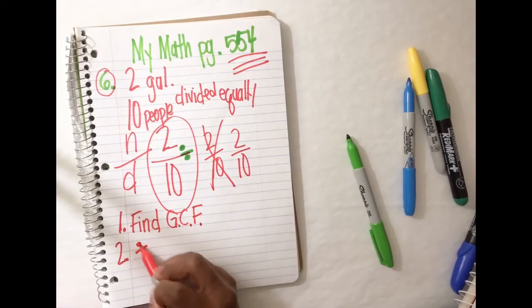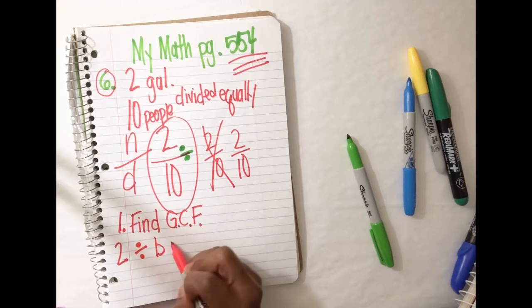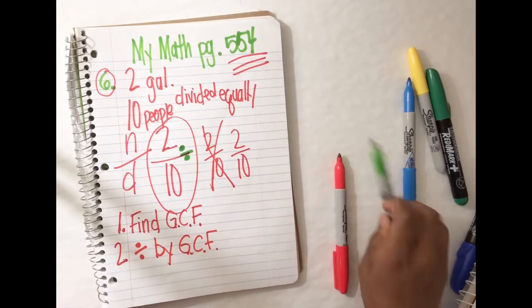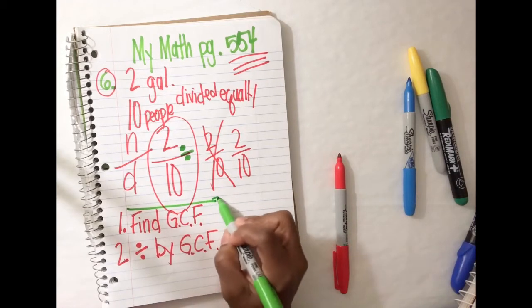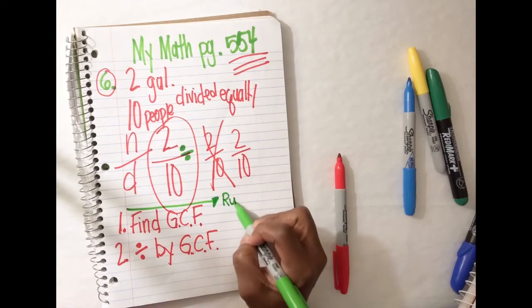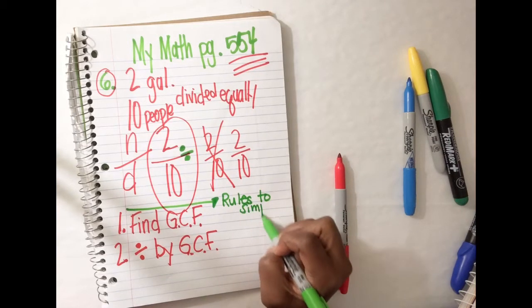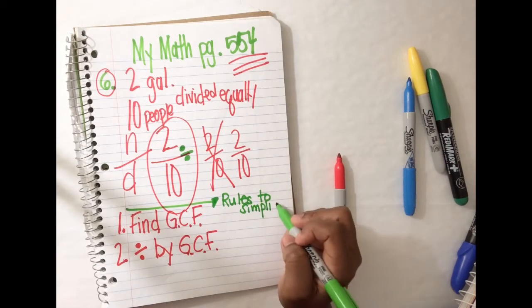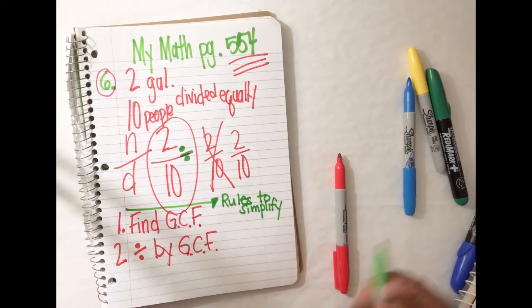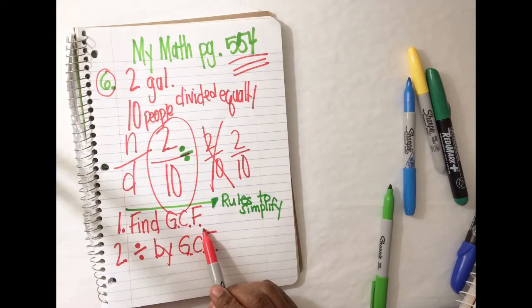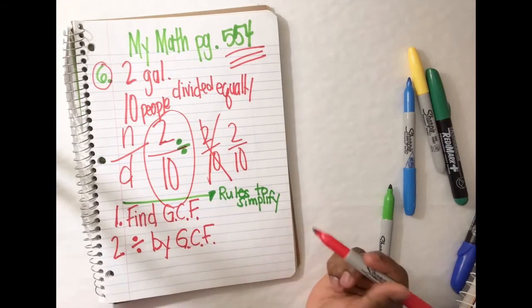And after you find that, you're going to divide by the GCF, or the greatest common factor. So these are going to be rules to simplify a fraction. You might want to copy this down if you don't remember this from 3rd or 4th grade. To simplify a fraction, you want to find the greatest common factor and then divide by the greatest common factor.